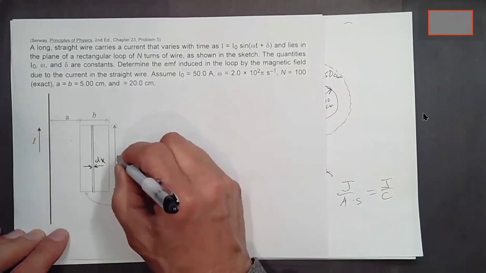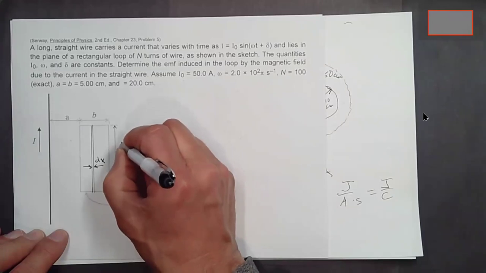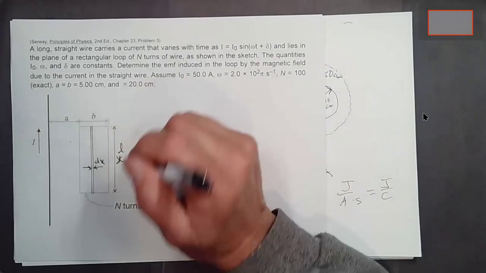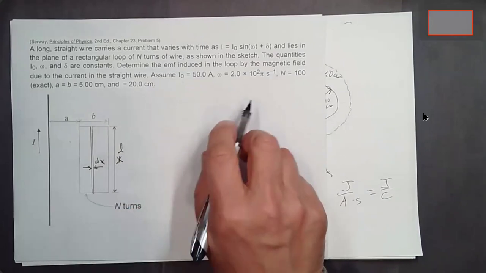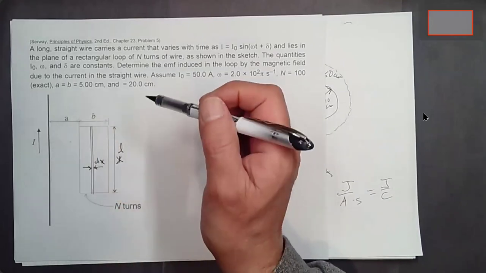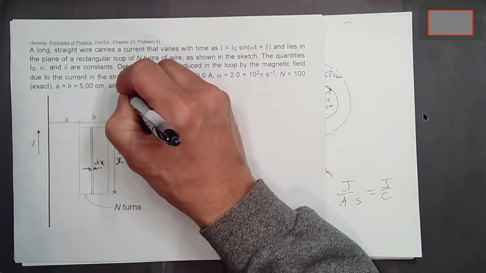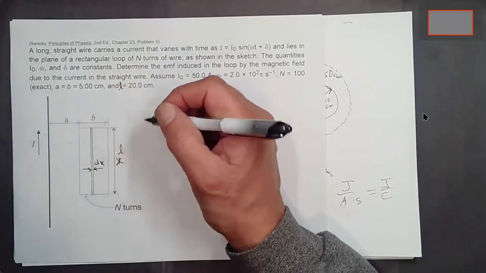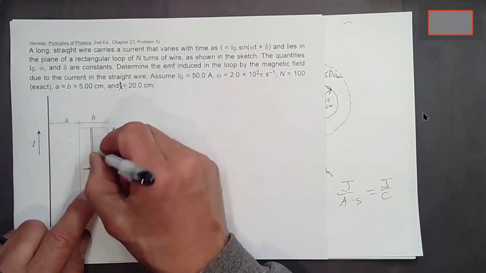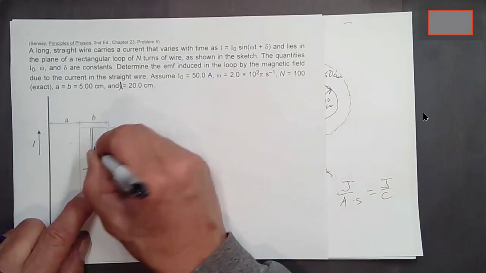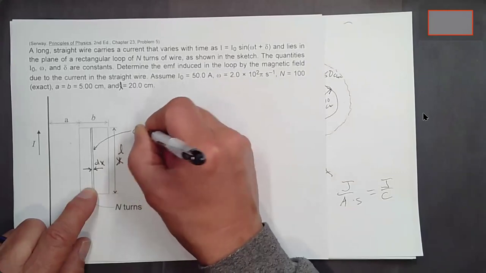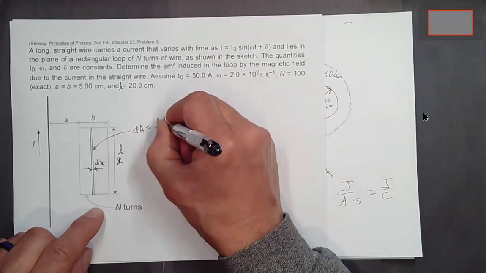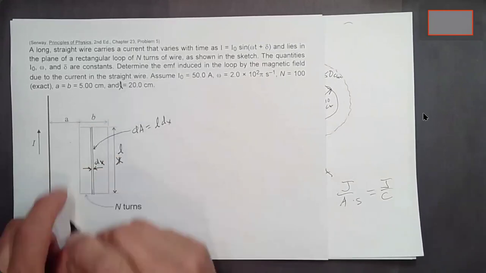I think this is supposed to be a lowercase l, equals 20 centimeters. Anyway, the little dA here is going to equal L dx, the height of this thing times its width.